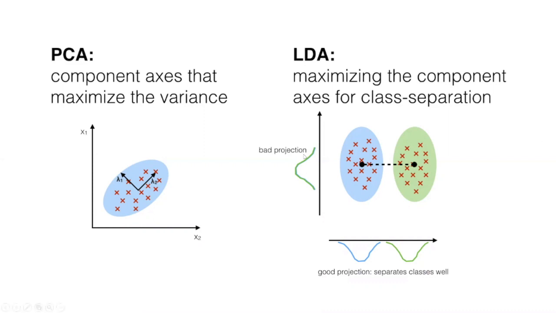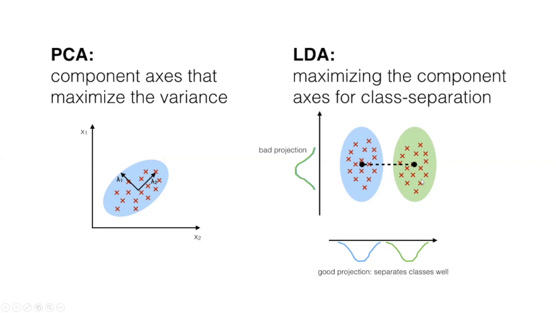So here, if we try to project in one dimension, these are two-dimensional, we try to project in one dimension, this is a bad projection, and here we have a good projection, which separates the classes very well.